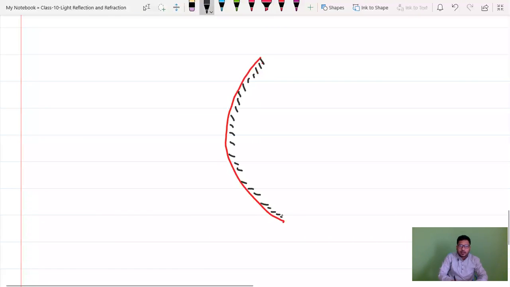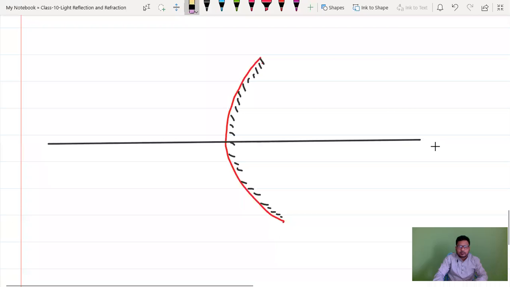Concave has less aperture. Now this has this much big side. Now the principal axis.